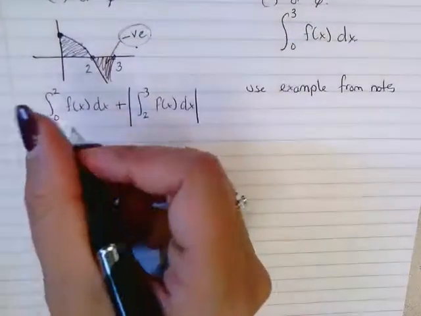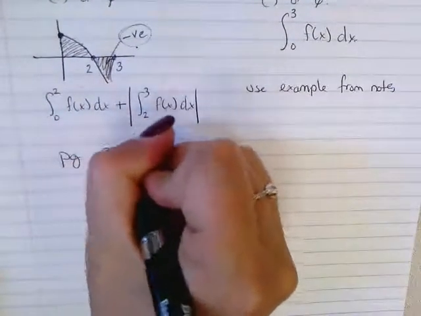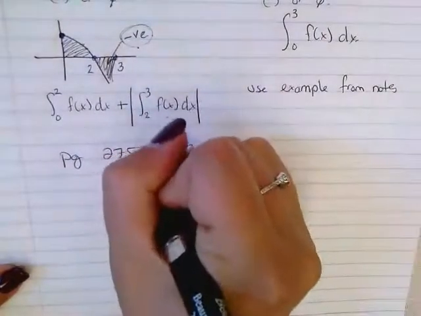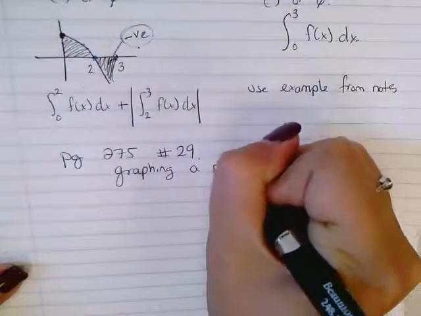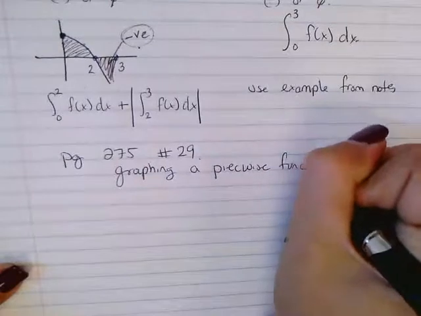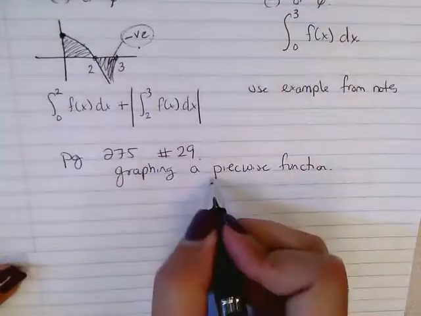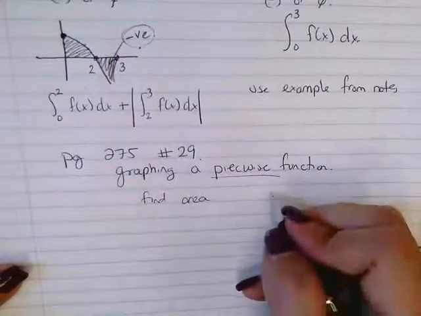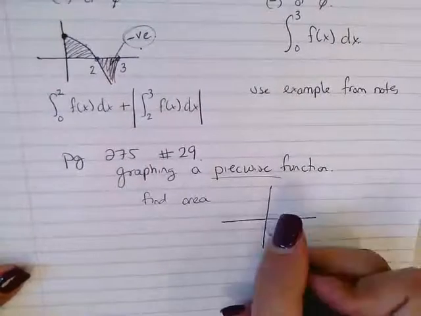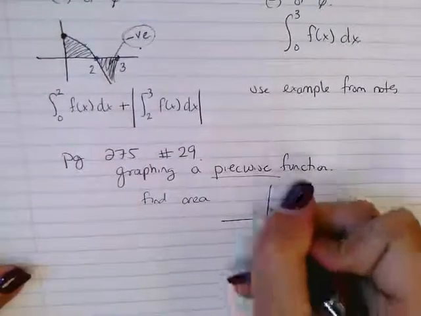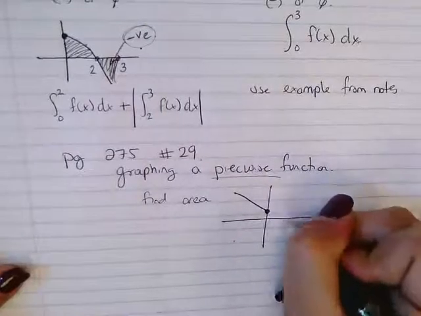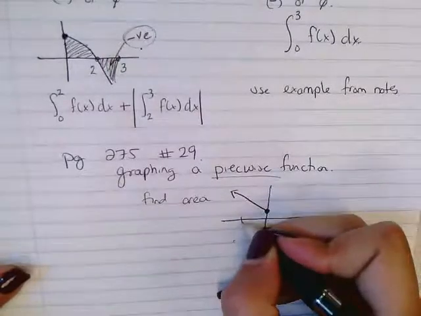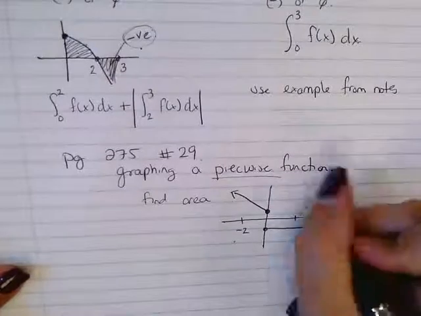And then make sure, you know, we never really went over, but page 275, number 29, graphing a piecewise function and then finding the area. So we did this in class. If you have a function that kind of, you know, let's say it did one of these, could you find the area from -2 to 2?